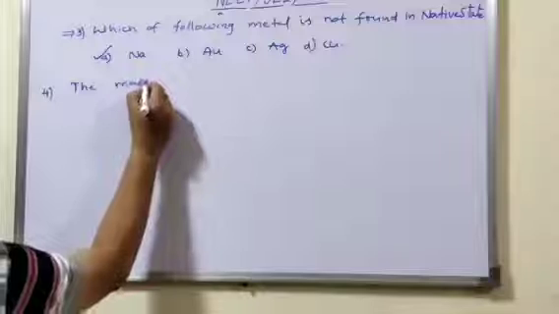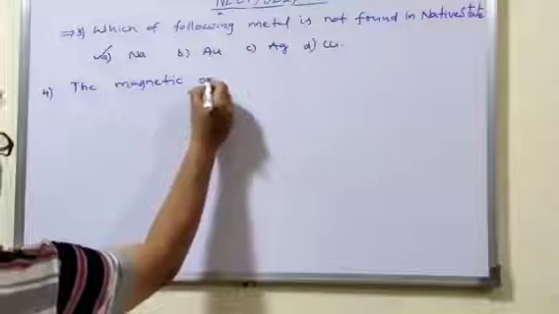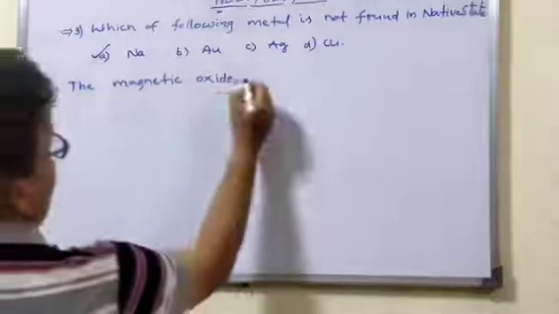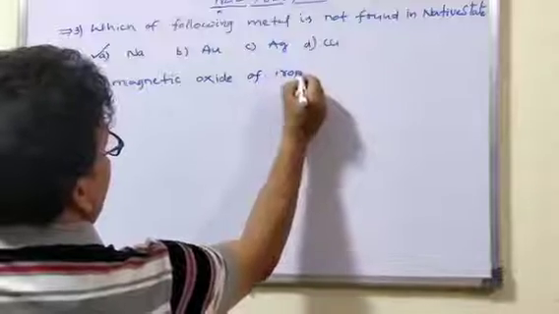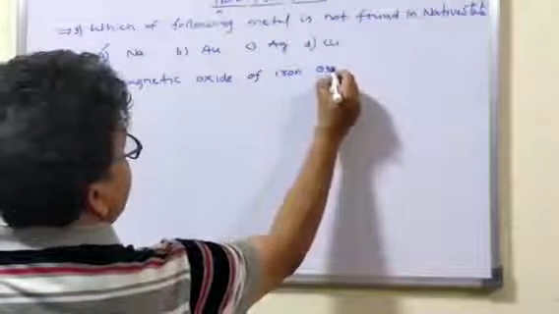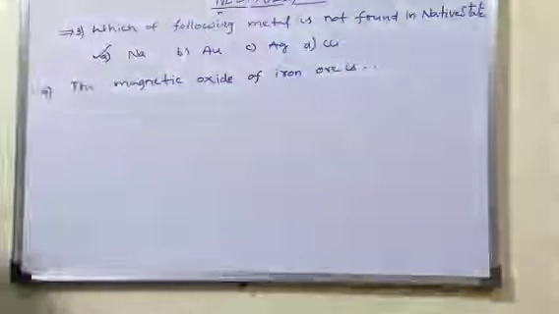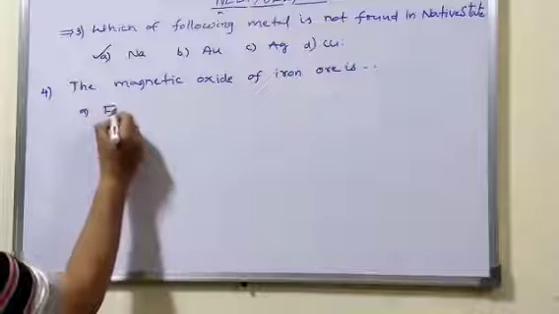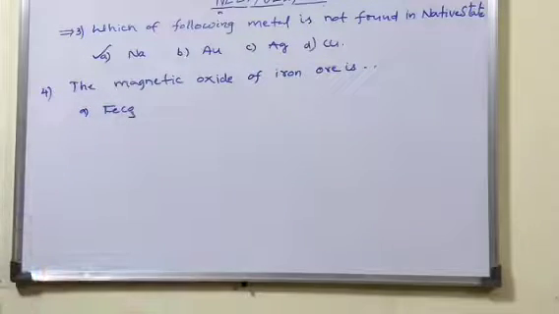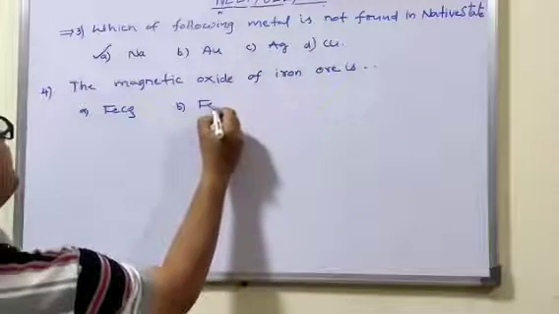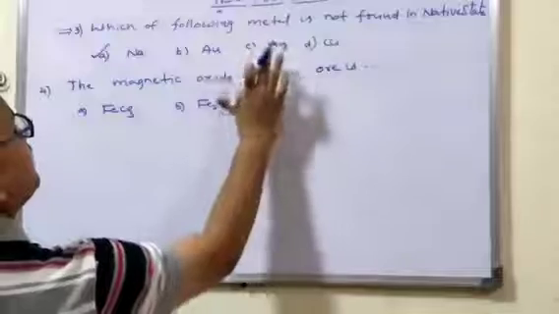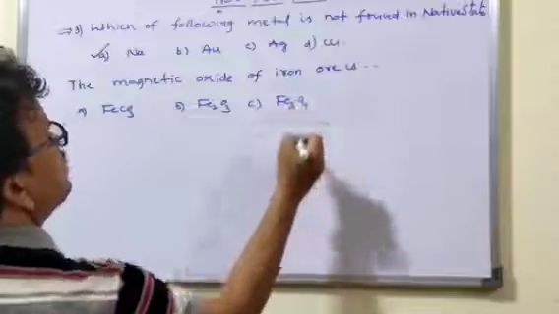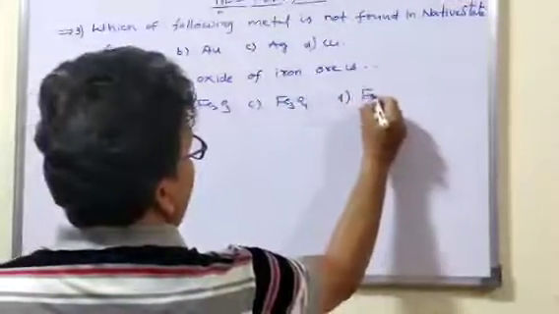The magnetic oxide of iron ore is, and this is FeCl3, iron carbonate, and this is Fe2O3, and this is Fe3O4, and this is FeSO4.